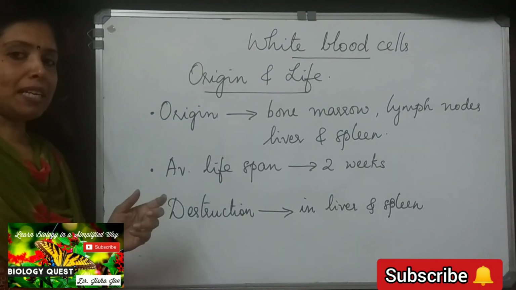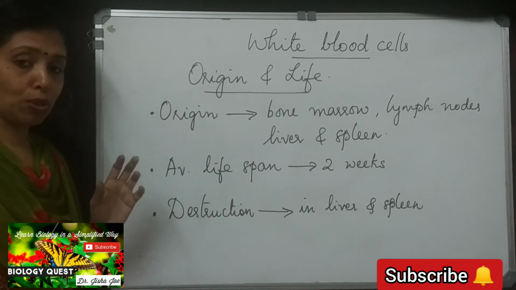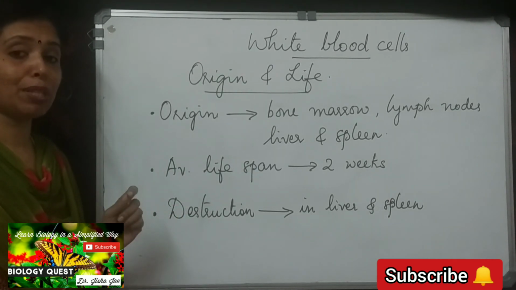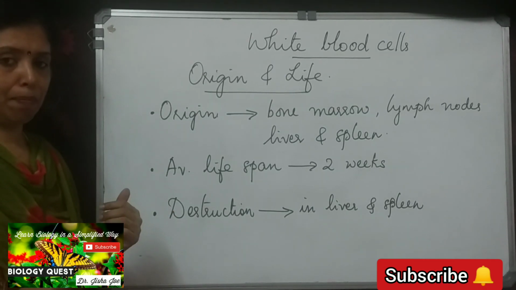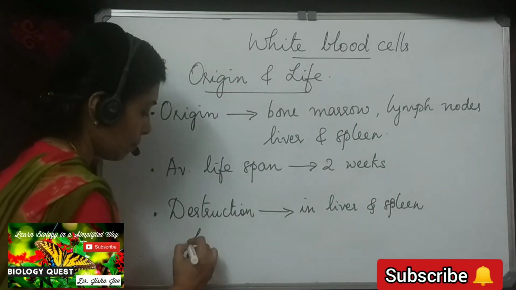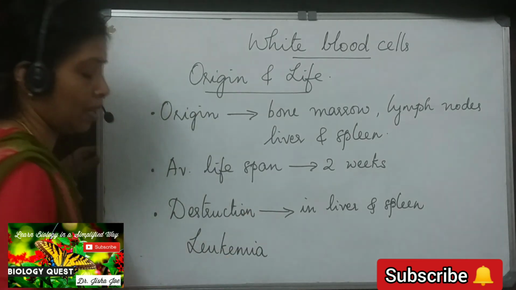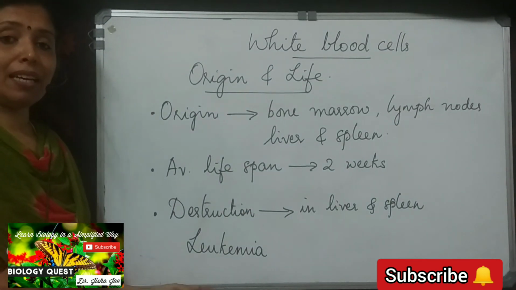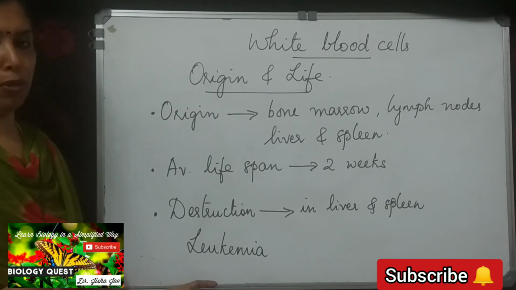Now, we have already seen that the number of WBCs is 4,000 to 8,000 per cubic millimeter of blood. When there is an abnormal increase in this number, this will lead to a condition called leukemia. Leukemia is a condition when there is an abnormal increase in the number of WBCs.